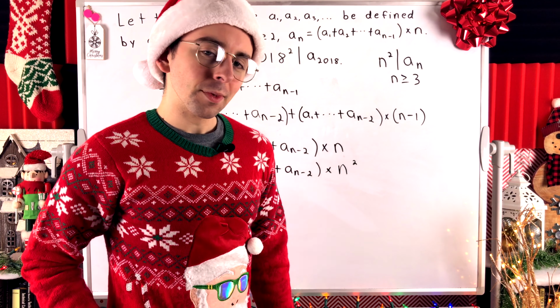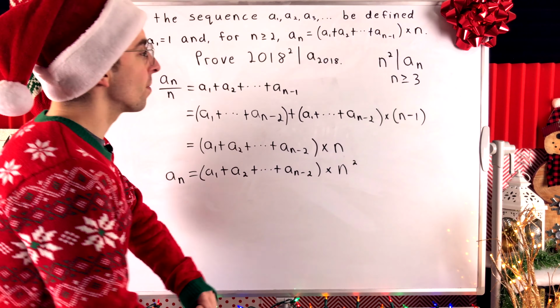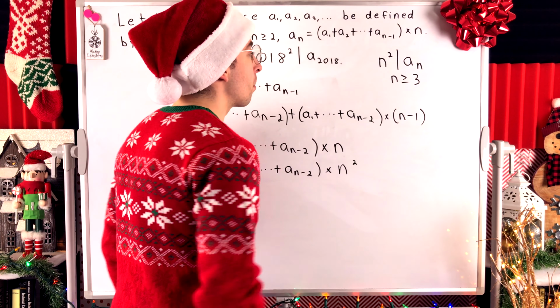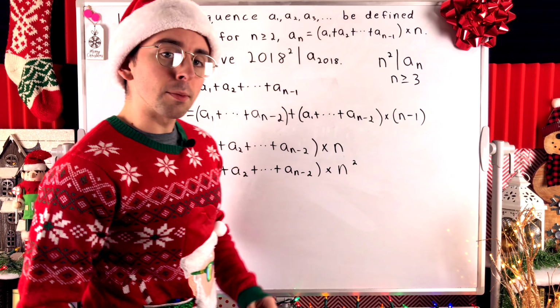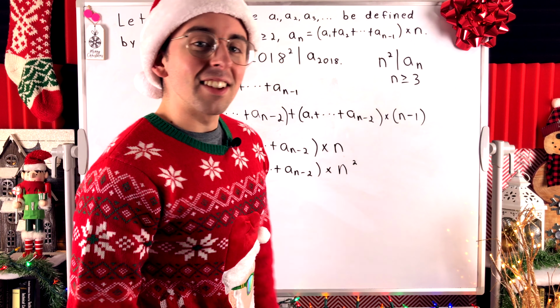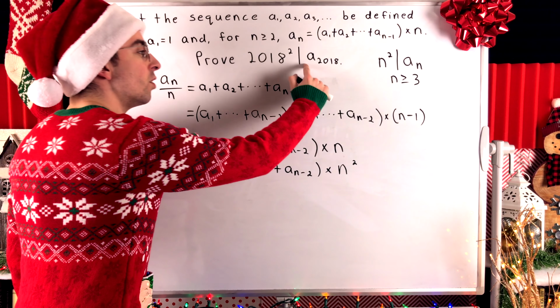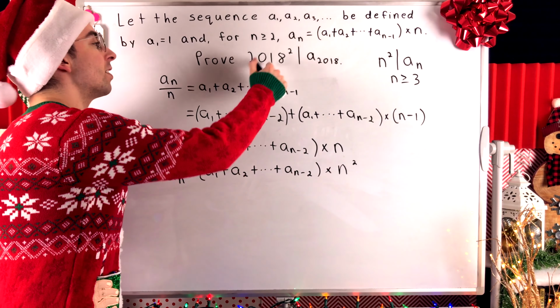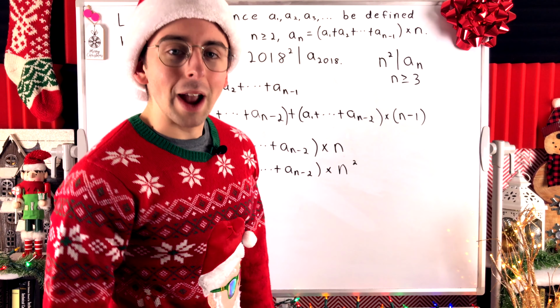So by definition of divides, if n is greater than or equal to 3, then the nth term of our sequence will be divisible by n squared. And thus, it immediately follows that the 2018th term of this sequence is divisible by 2018 squared.